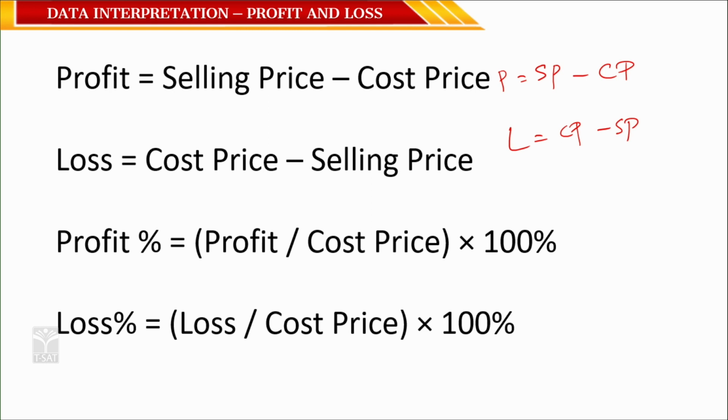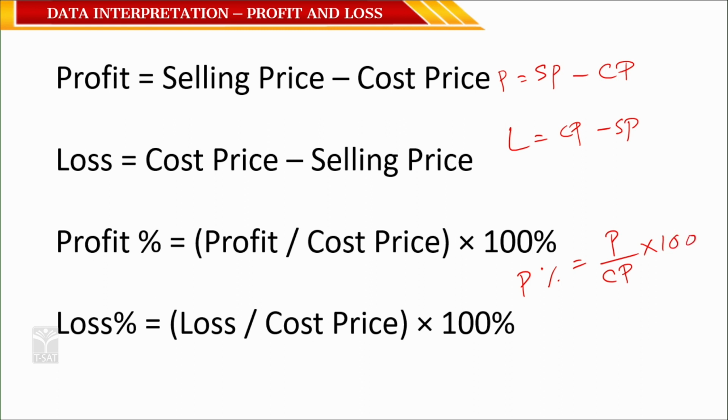Now, coming to the profit percentage. Profit percentage means how much profit you earn. So, divide that value by cost price and multiply by 100, and that value gives the profit percentage. So, simply, profit percentage is equal to profit by cost price into 100; you can write the formula like that.